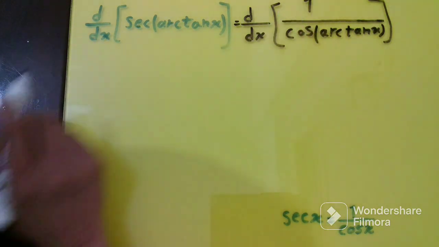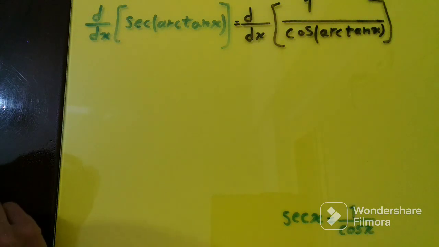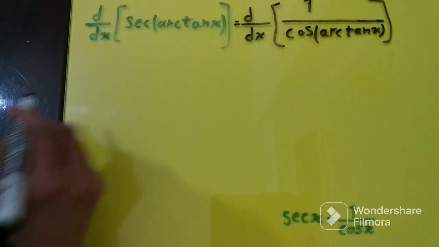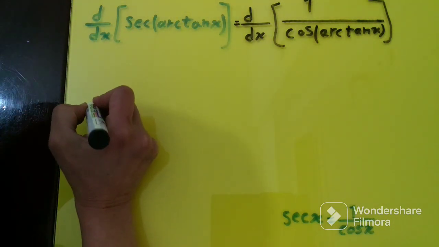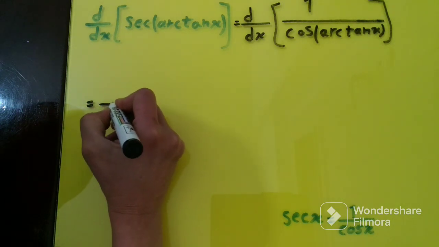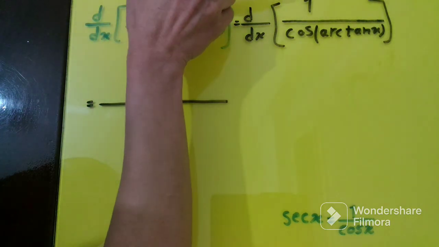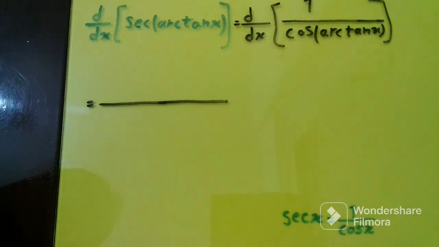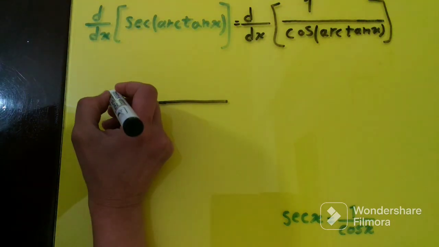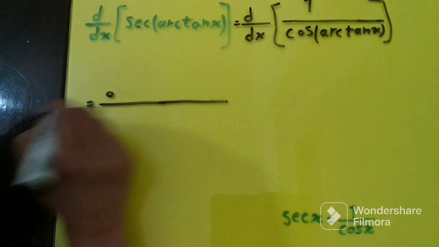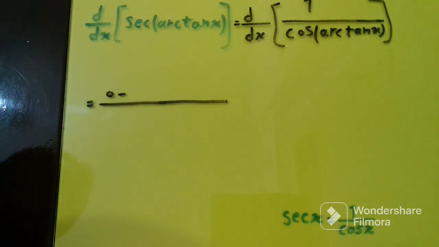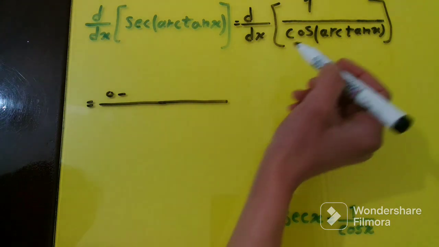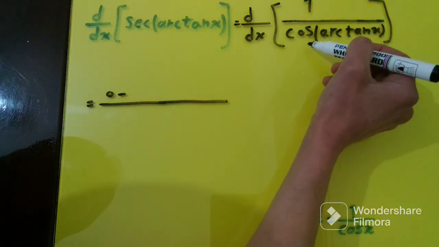Here there is quotient rule. So according to the quotient rule, we should write, first we should get the derivative of 1. The derivative of 1, as 1 has a constant value, is 0. Minus. No, we should get the derivative of this term.